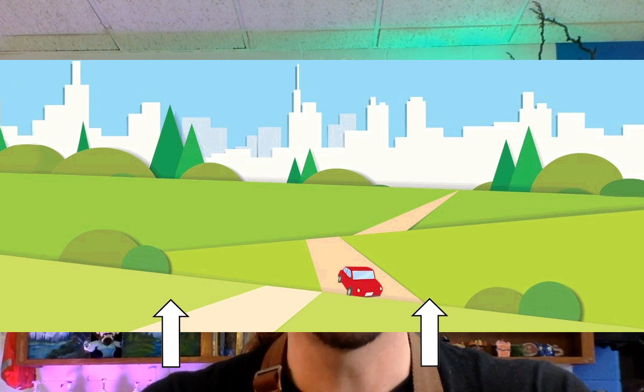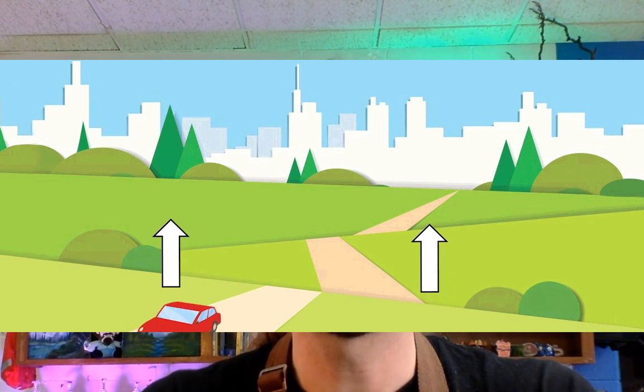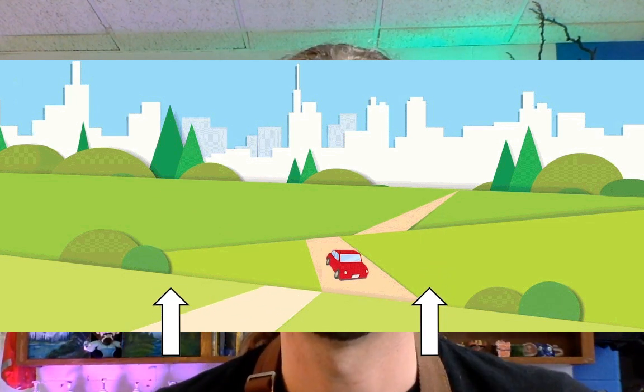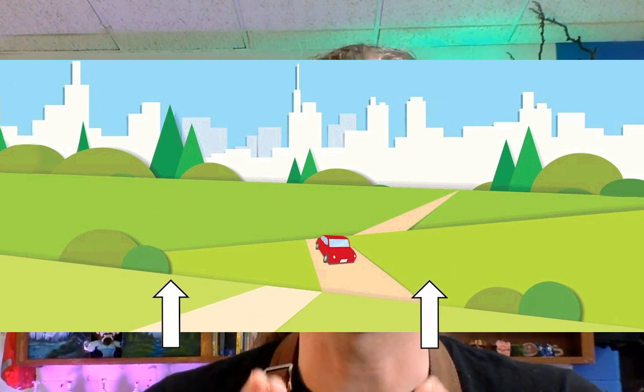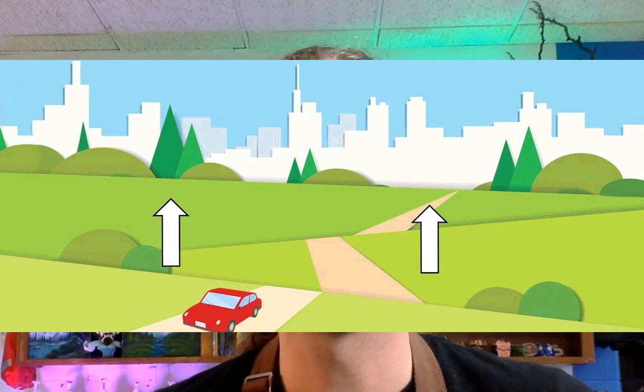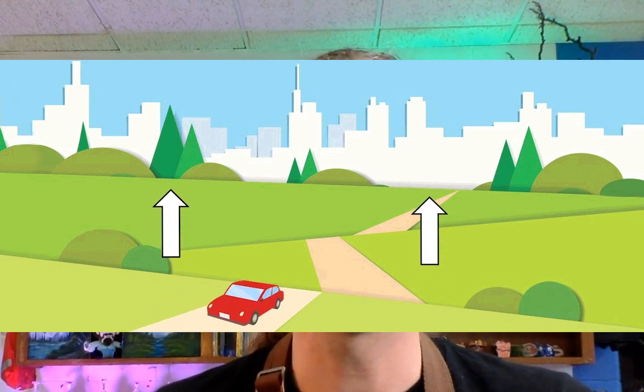If I close my eyes and picture that, I can think about how that car, as it moves towards the sunset, is both getting smaller as it gets away from me, but also moving up towards the horizon line. Those two things together are what make things in a picture look like they're close or far. How big they are and how close or far away they are from the horizon line.